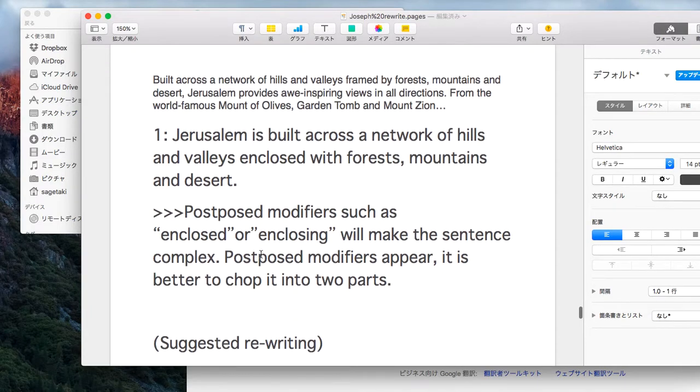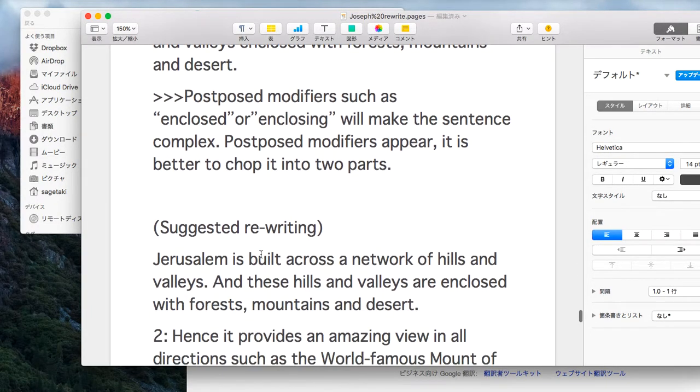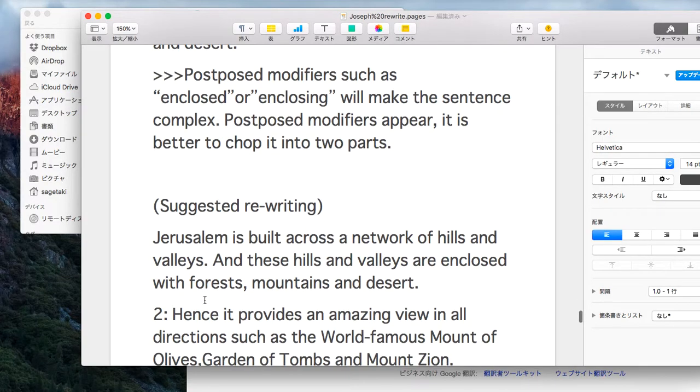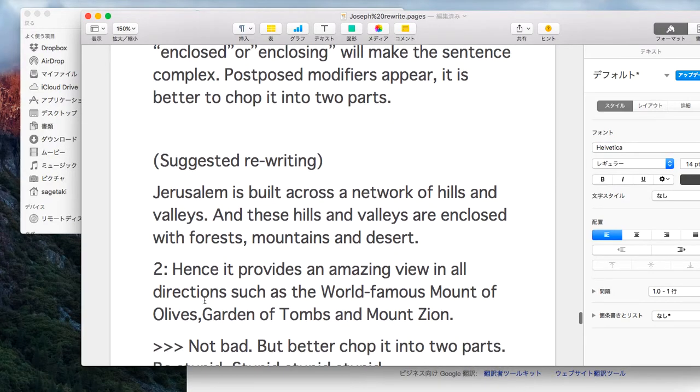So what I would suggest you rewrite it is: Jerusalem is built across a network of hills and valleys, and these hills and valleys are enclosed with forests, mountains, and deserts. So you better chop it into two parts, and you have "and" here. And what you're going to be very careful here is not to worry about the repetition. These hills and valleys. It's perfectly fine for you to repeat it.